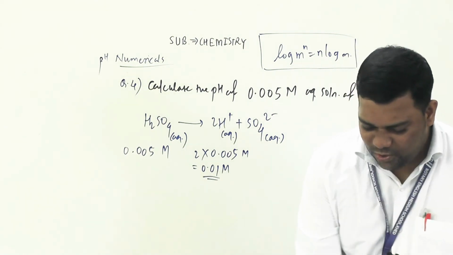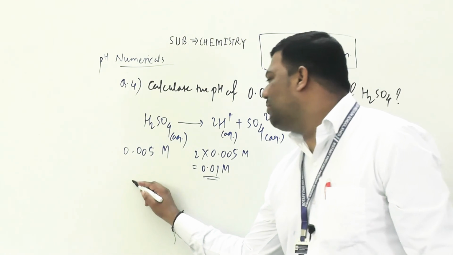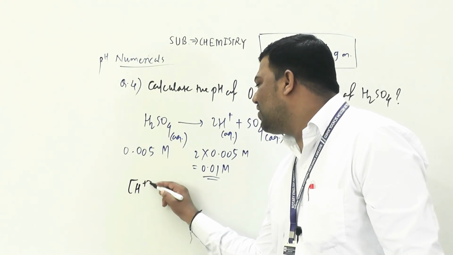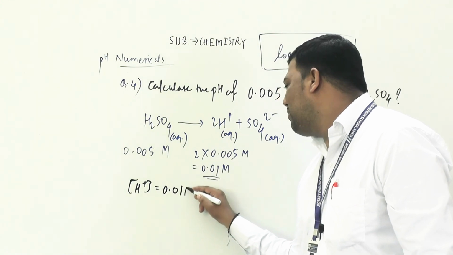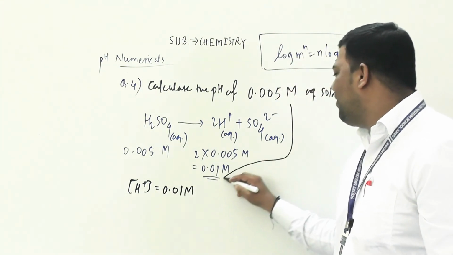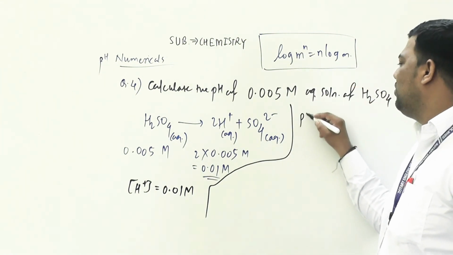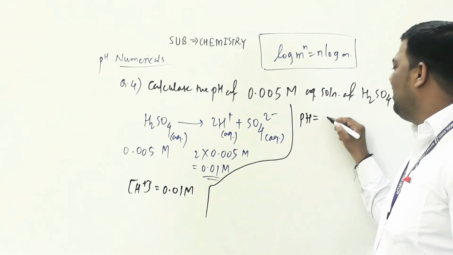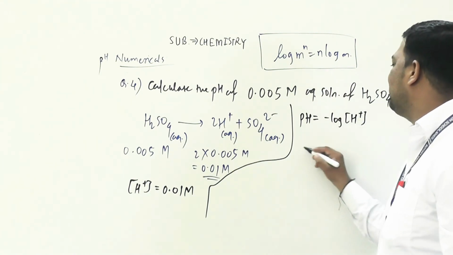Then you have to start to solve this pH numerical. So how can we solve? We got here the concentration of H plus, 0.01 molar. As you know, pH is the negative logarithm of the concentration of H plus ions.